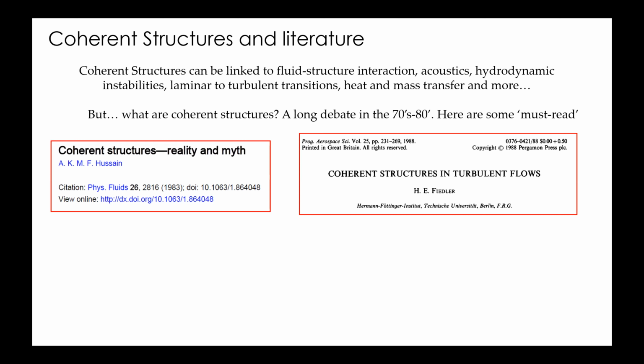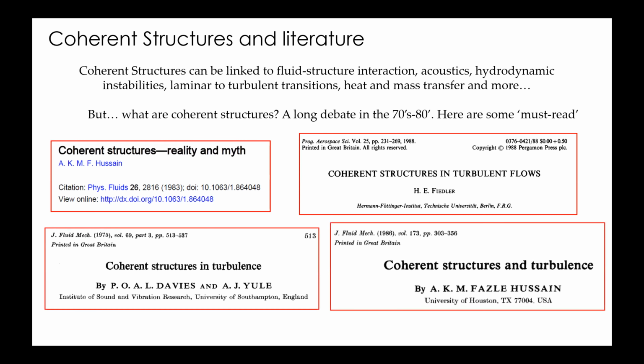So there was a lot of discussion on how you can objectively identify a structure and give a mathematical definition and say, okay, this one is a coherent structure according to this criterion. But there are many criteria. We'll see during the course many criteria to define what a coherent structure is.